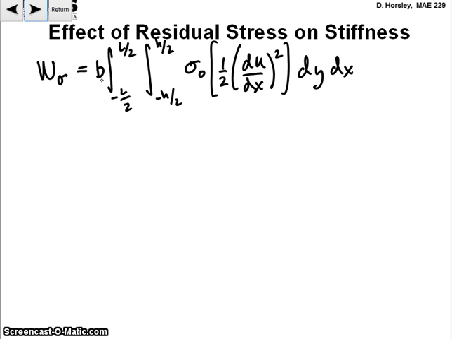That's the last part of my volume integral, integrating over z, and nothing changes over z, so I just multiply by the beam width here.